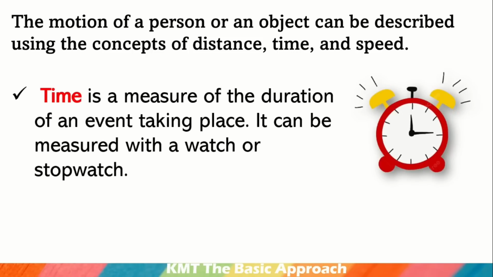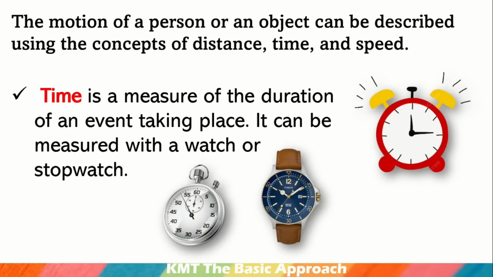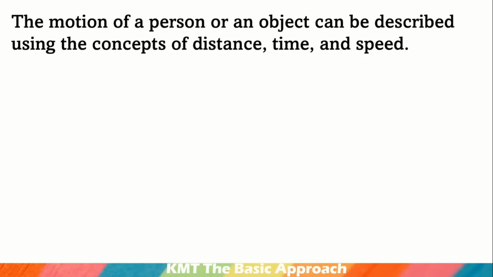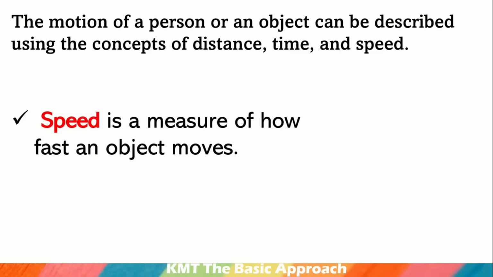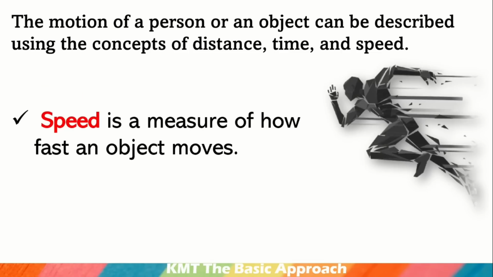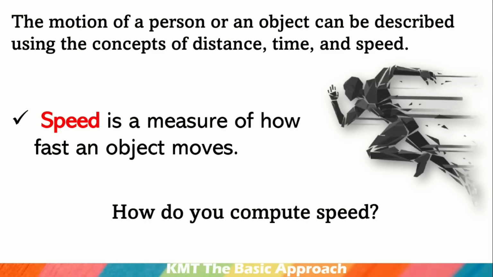Time is a measure of the duration of an event taking place. It can be measured with a watch or stopwatch. Speed is a measure of how fast an object moves. How do you compute speed?